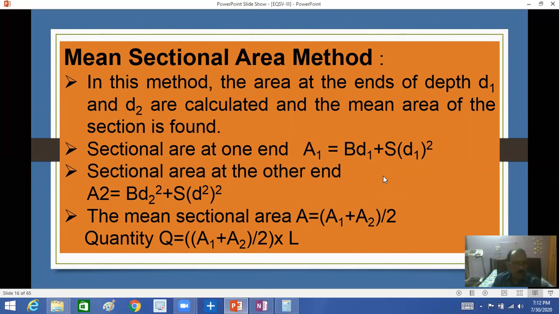In mean sectional area, we have to calculate area of the first chain, first station, A1, and area at the end is A2. If you take mean sectional area, A1 plus A2 by 2, you calculate quantity, and that is Q equal to A1 plus A2 by 2 into L, quantity by mean sectional area.